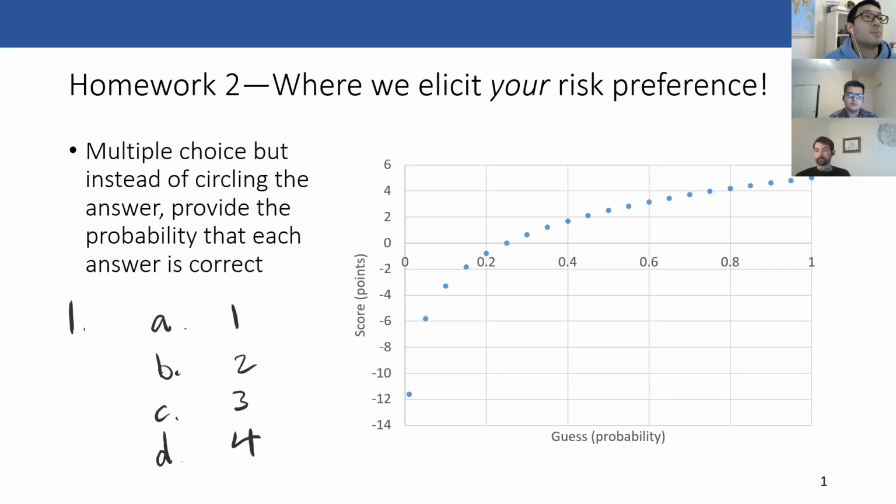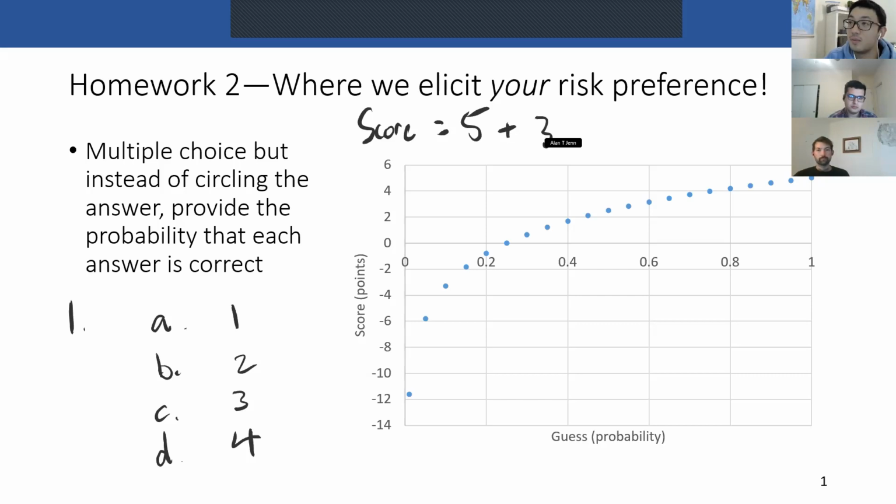You actually will be scoring points based off of a special formula, which is: score is equal to 5 plus 3.606, some numbers, times the natural log of the probability of the correct answer.